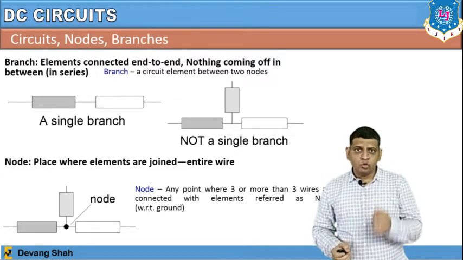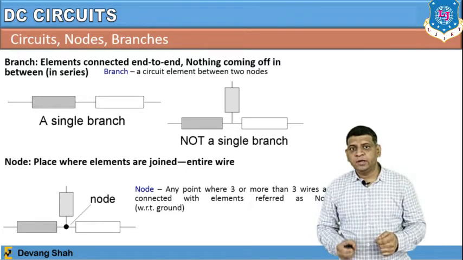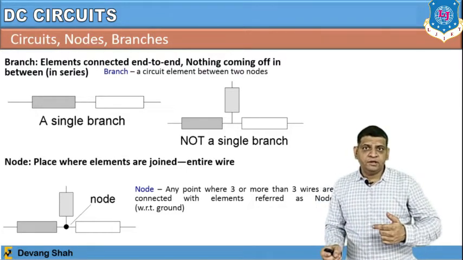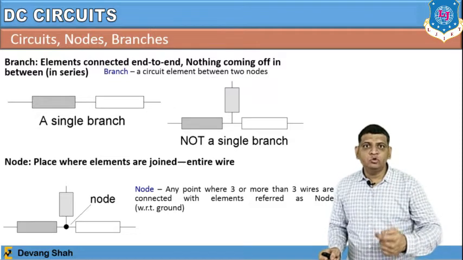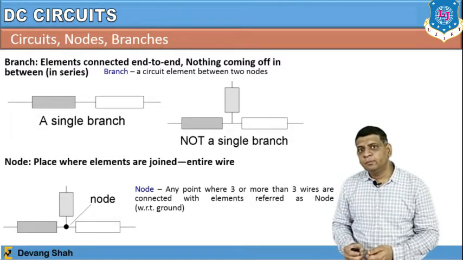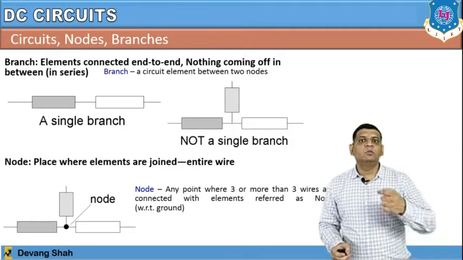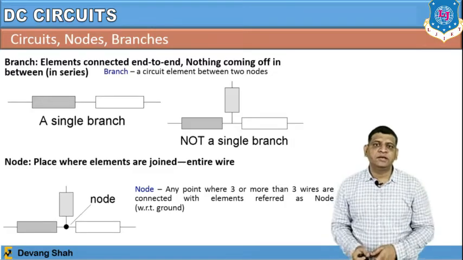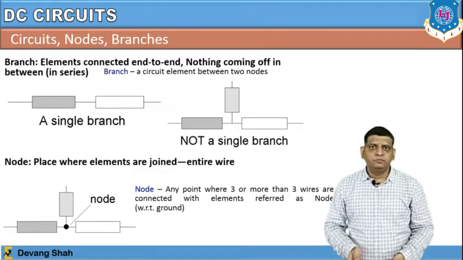This is a very important terminology. Many students make a mistake and give the definition that two or more wires or components connected at a single point is a node, which is completely wrong. Three or more wires or components connected together is referred to as a node, right?